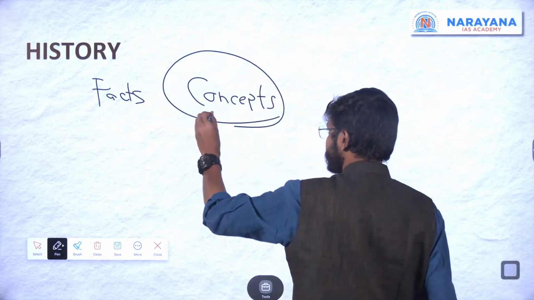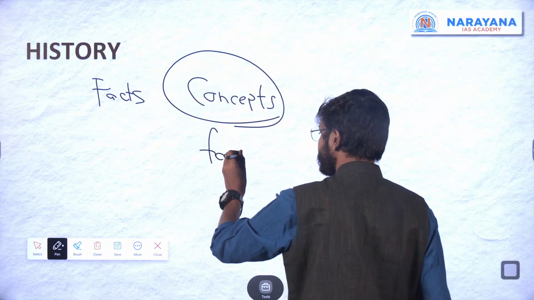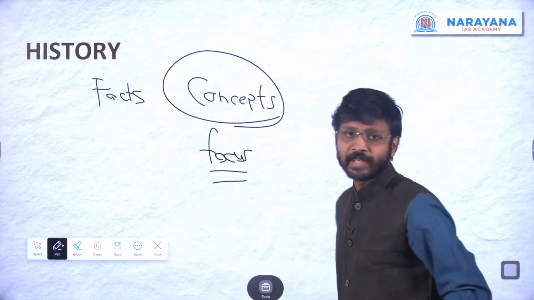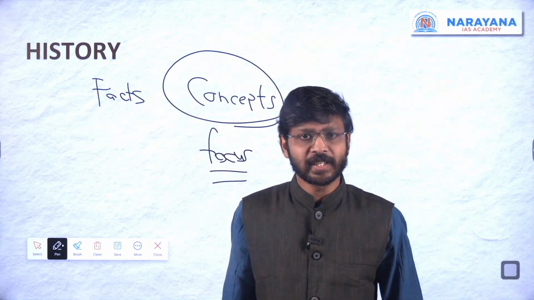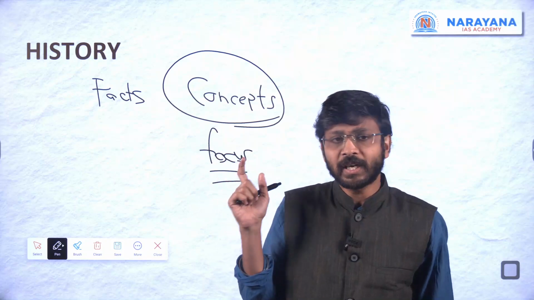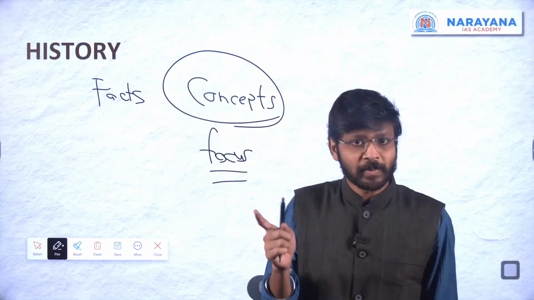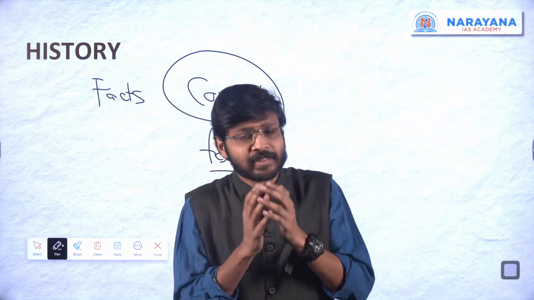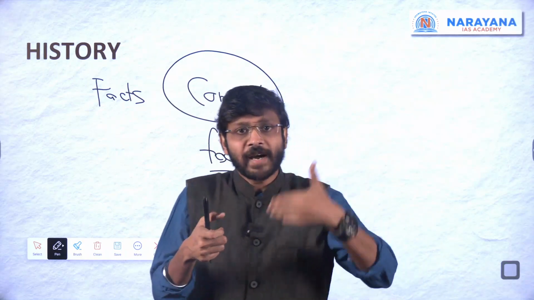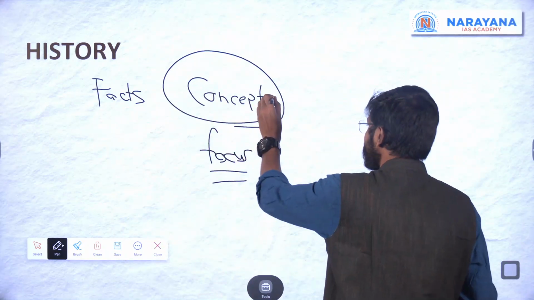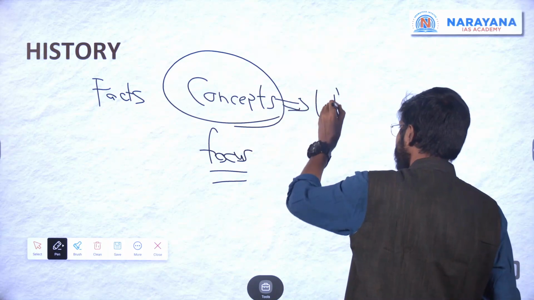This should be the focus area, but without facts we cannot study history. Okay. Obviously facts are needed, but your focus area should be on understanding the concept behind the events or behind the movements. Do not just memorize dates and names. Ask yourself why an event has happened. Okay. So, concepts means why an event has happened. Okay.